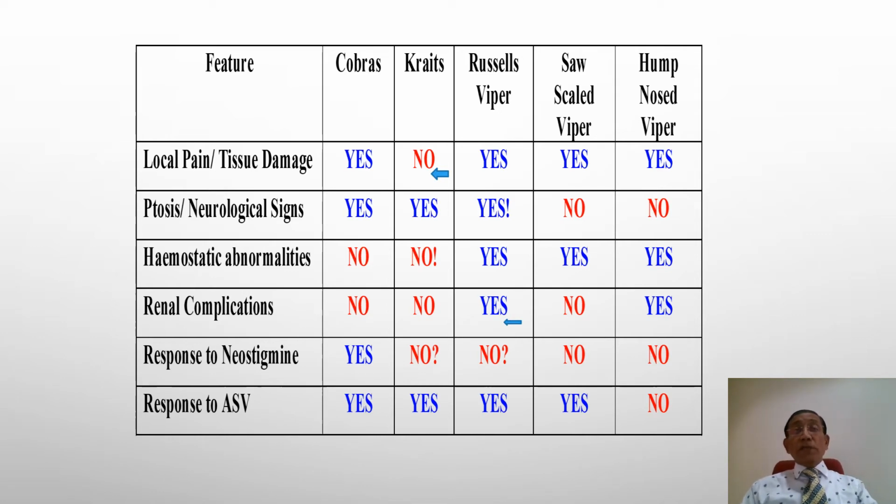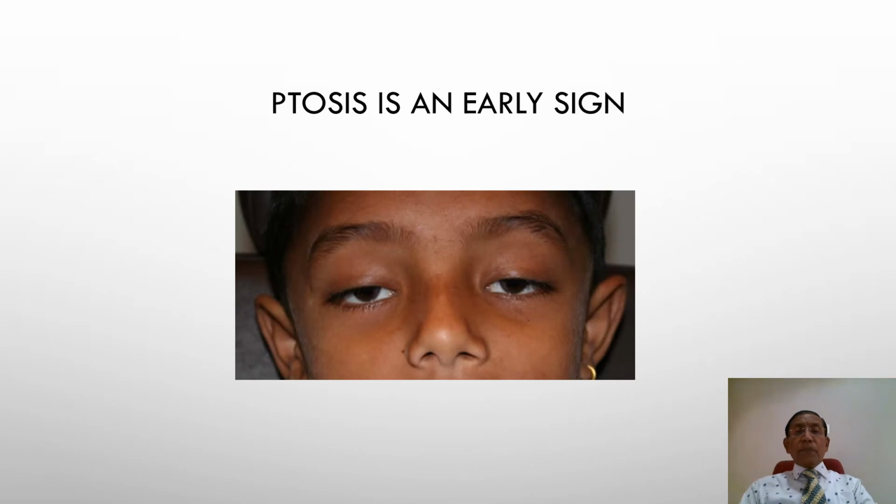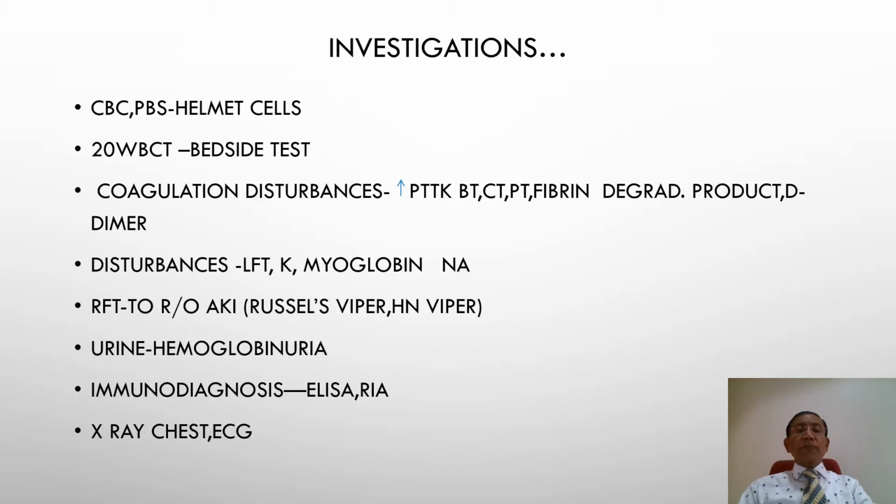We have seen children presenting after 48 hours or even 72 hours with acute renal shutdown after Russell's viper. So the point to be remembered here is that one should not be in a hurry to discharge these patients of snake bite, because they may have late presentations afterward. Ptosis is a very early sign that we have seen, and it indicates that the child has got a neurotoxic bite.